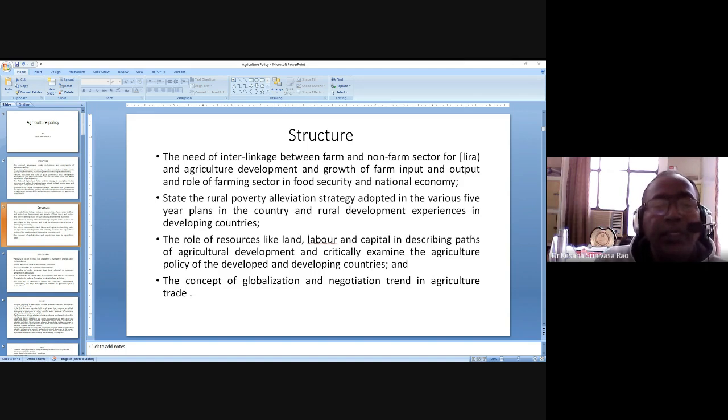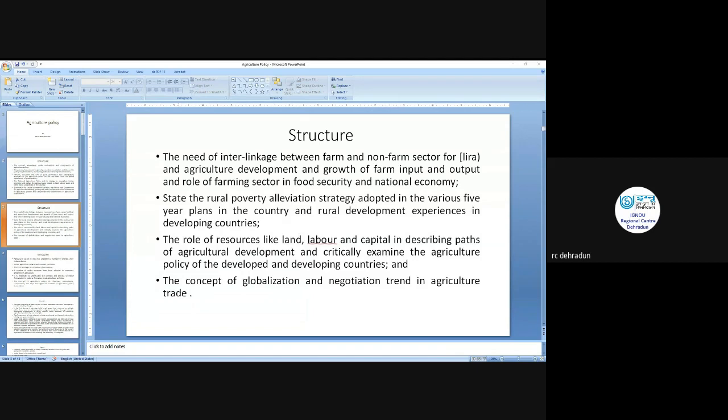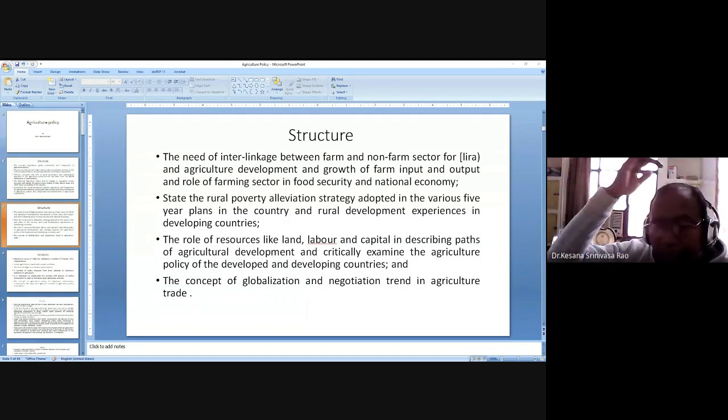The need of interlinkage between farm and non-farm sector, and also agriculture development. We split the first slide into two because the number of components are more.